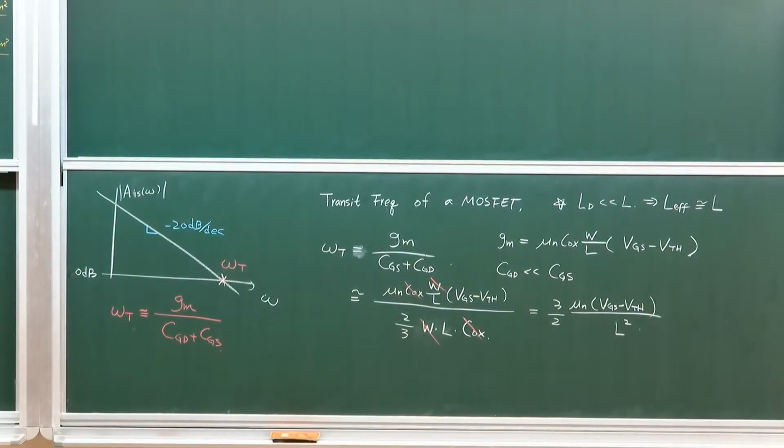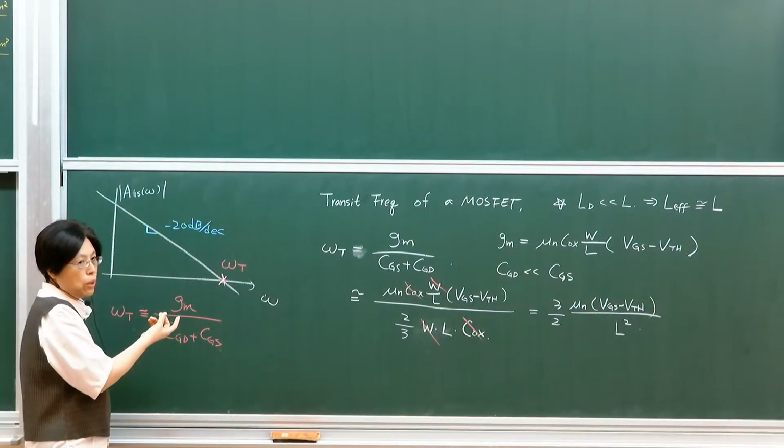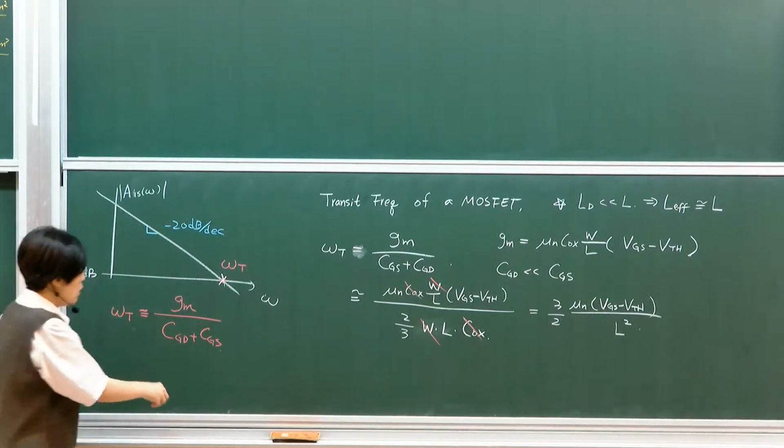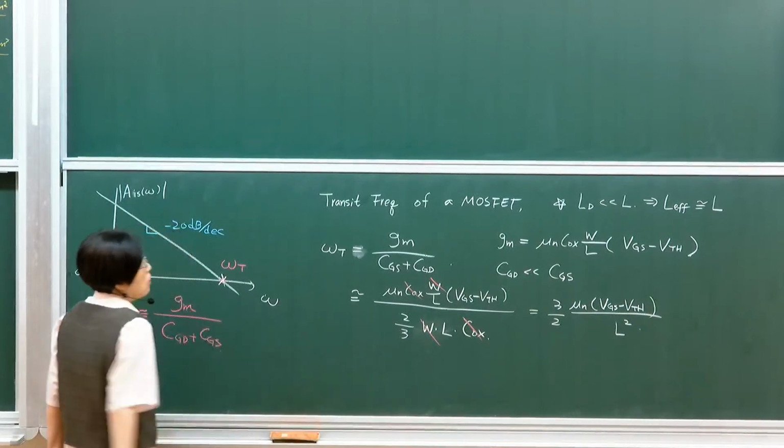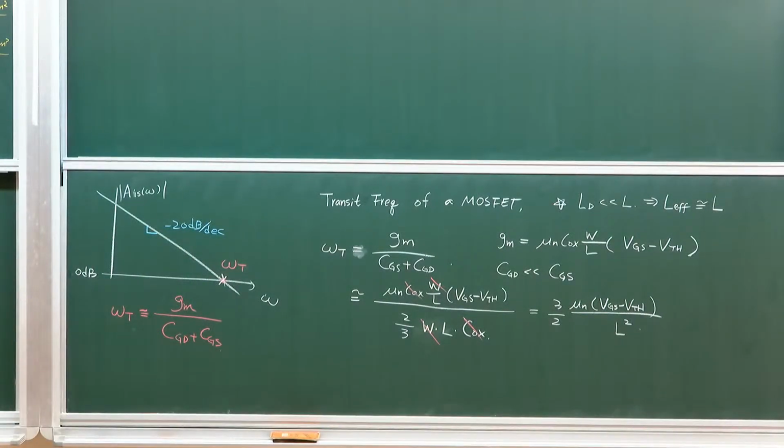So once we see this equation, it's very obvious what is the most effective way of pushing for wider bandwidth or faster circuits. If you look at the equation, how do I push this to a higher frequency?